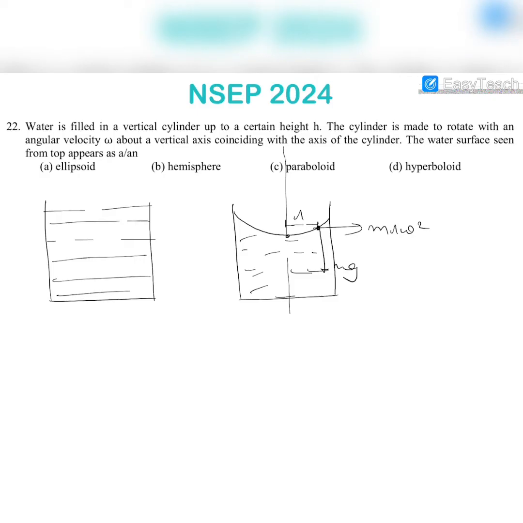Now net force will be like that, obviously F net, and at this position this angle is theta, this is 90 minus theta, and this is theta.